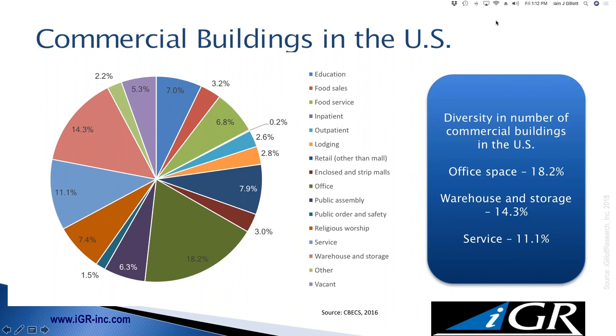So if you think about an office space, you're going to have a lot of people in there. Let's say it's more of a white collar type solution. You're going to have a lot of people in there with probably high-end smartphones using a lot of data, doing a lot of different things. In a warehouse and storage, you're going to have far fewer people, a lot more stuff. So that's where Internet of Things comes in, those types of solutions.